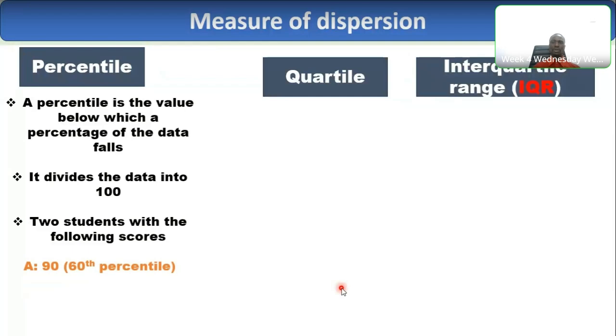But before we ask the next question, let's ask student B. I said, student B, how far? What did you score in your chemistry? And student B said, oh boy, the exam was tough. Oh, I scored 60. Now, you should know that the two students are from two different schools.